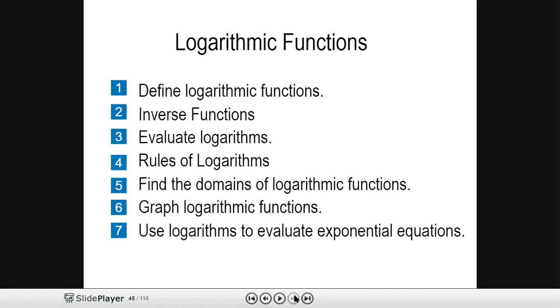Before our spring break started, we got into logs, okay, logarithm. You will have to send some problems, because logarithm is a very comprehensive topic.